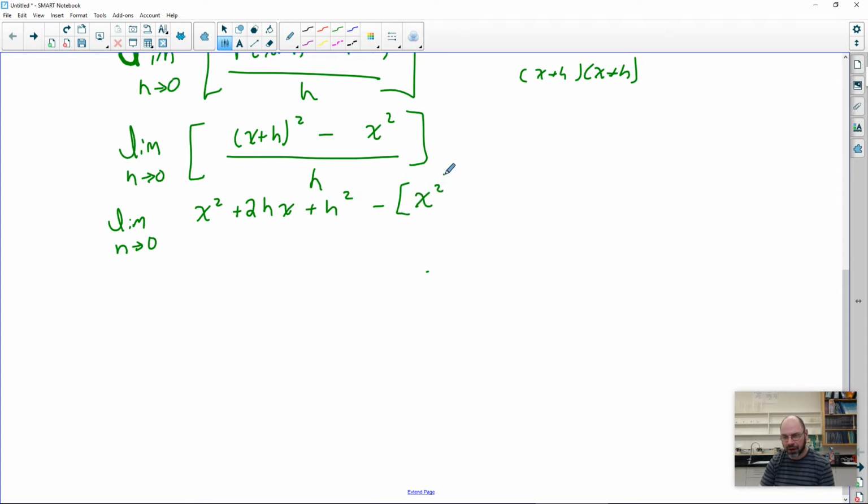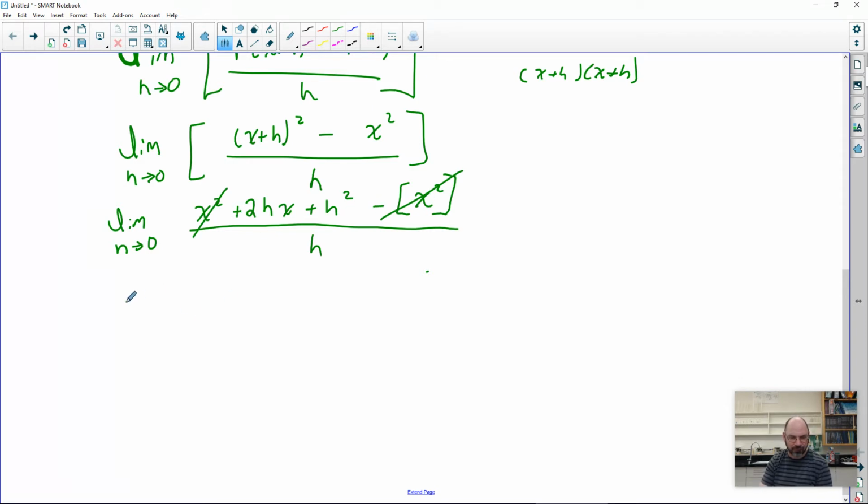I'm going to put it in brackets just because sometimes this is a lot bigger and you have to remember to put the minus on, over h. What we can do is that these will cancel out because x squared minus x squared is 0.